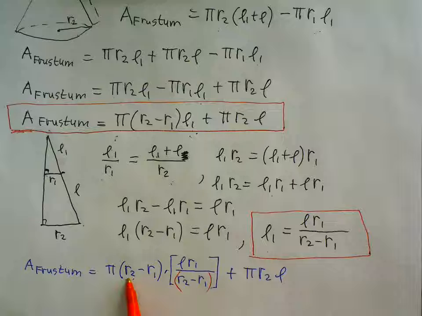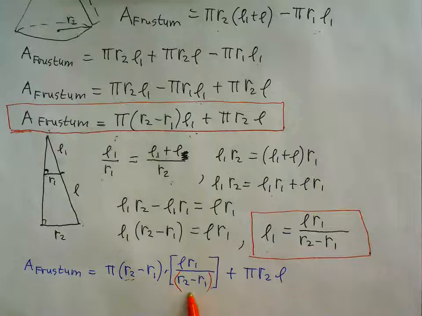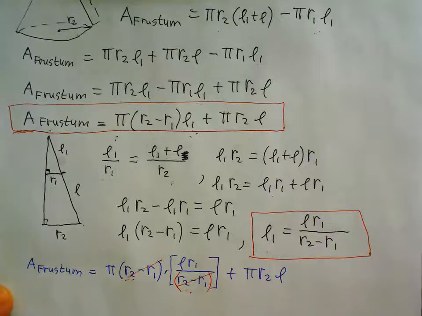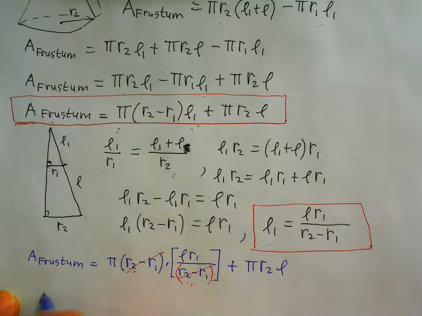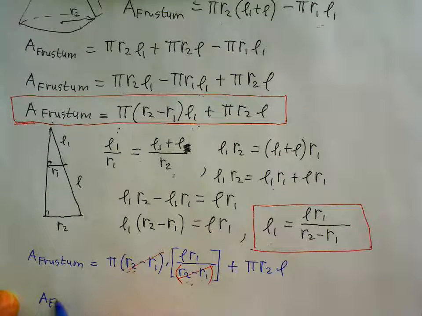The factor R sub 2 minus R sub 1 from the numerator divided by R sub 2 minus R sub 1 from the denominator equals 1. So we're getting closer to the lateral surface area of a frustum.